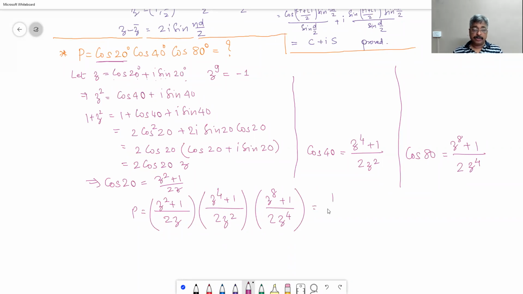Now here you can observe that in the denominator you have 1 upon 8 into z raised to 7. So these 3 numerators are now such that if they get support of a negative sign in between, they will all 3 collapse. Therefore, let us multiply and divide by 1 upon z square minus 1.